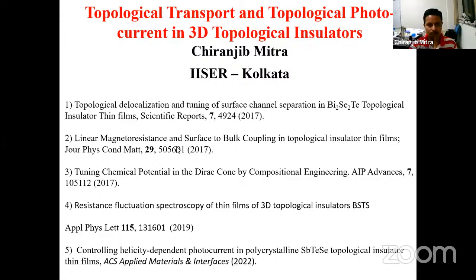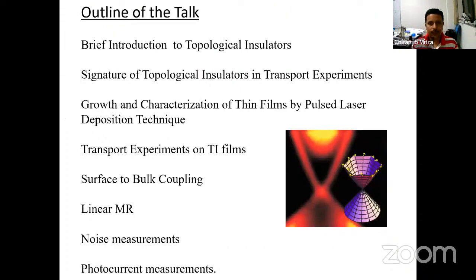So my work is based on these papers that I have given. And the 5th one, which has just been published online, is the one on which I'm going to talk most of it. So just to give an outline of the talk, I will rather skip the brief introduction to topological insulators because there has been a lot of introduction already.